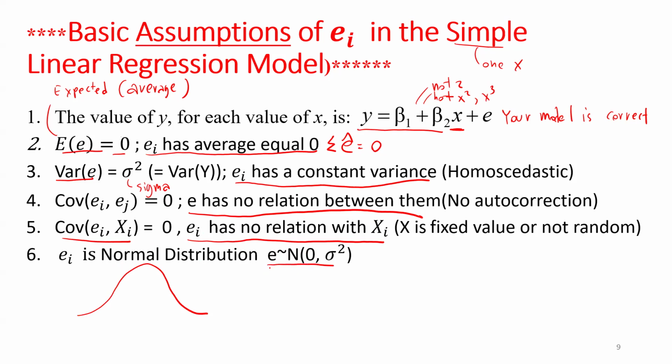This is how to read it, and it is very important. If you find a sentence written similar to this, this is how to read it: error is normal distribution, and the average is zero, which have a constant variance.